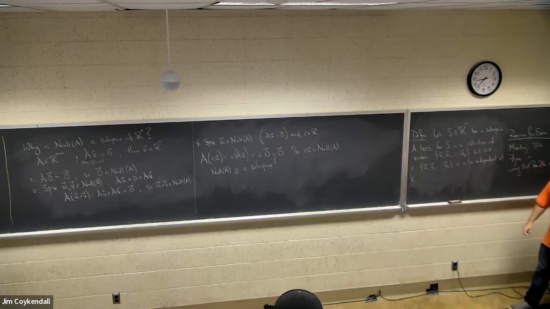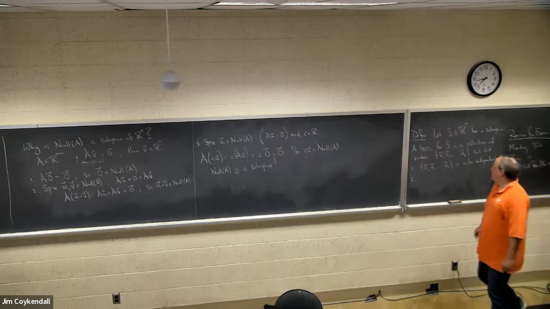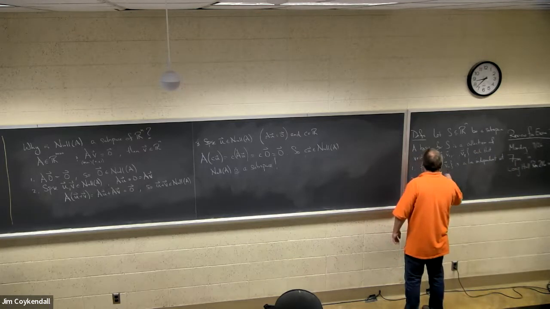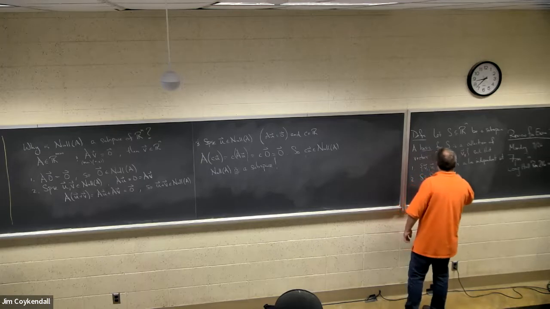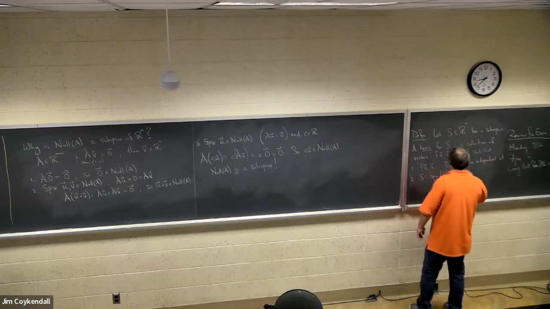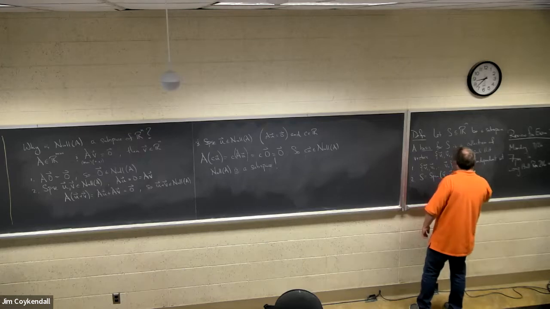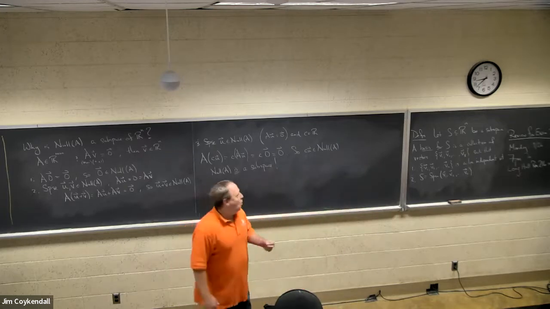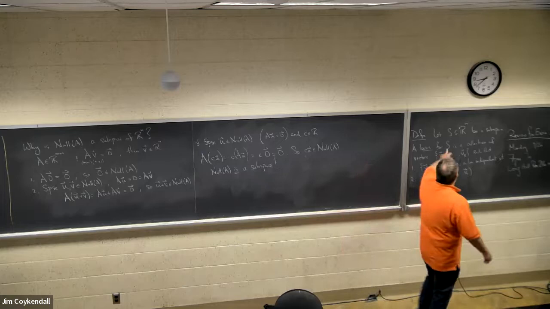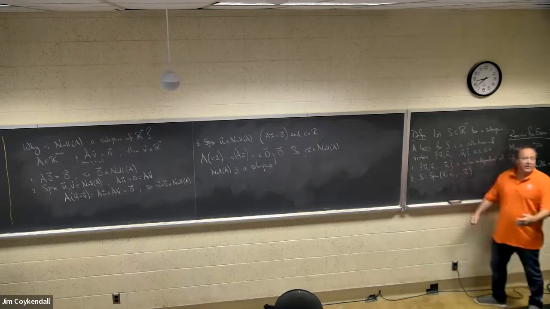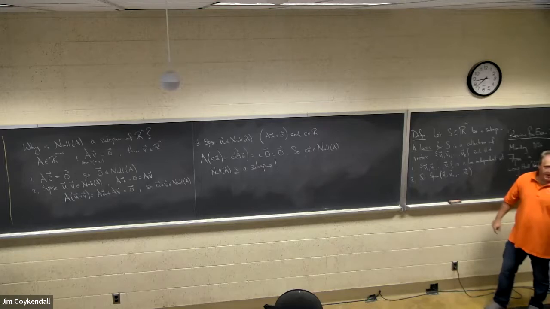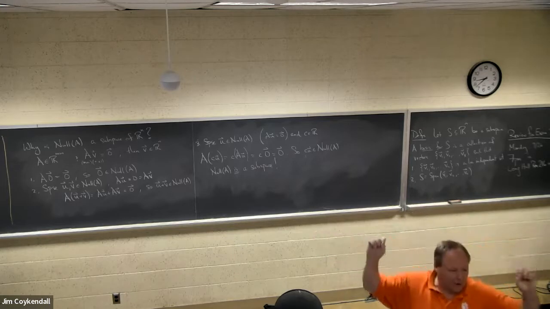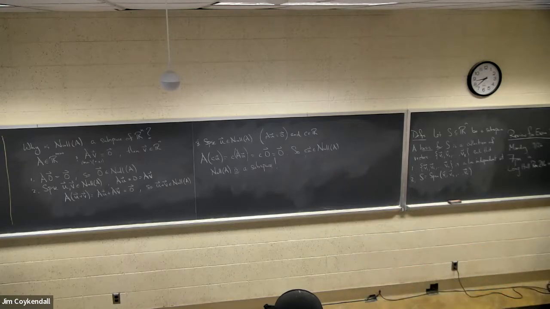And number two, S must be the span of the vectors. So, what is a basis for a subspace? It's a collection of vectors necessarily in the subspace that is linearly independent, and it spans the entire space. So everything in the space is a linear combination of these vectors, and the vectors are linearly independent.